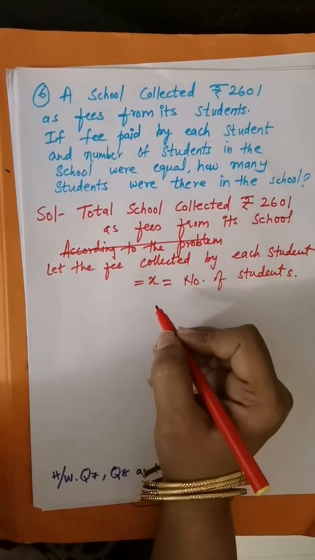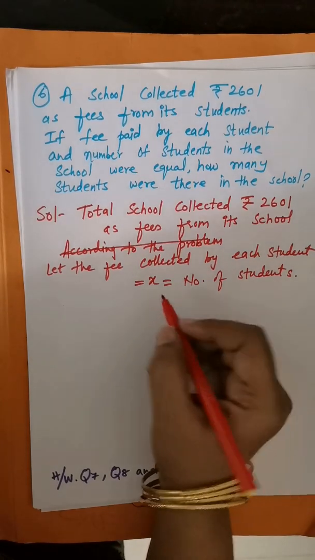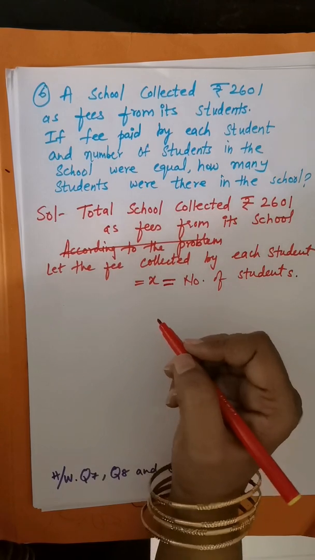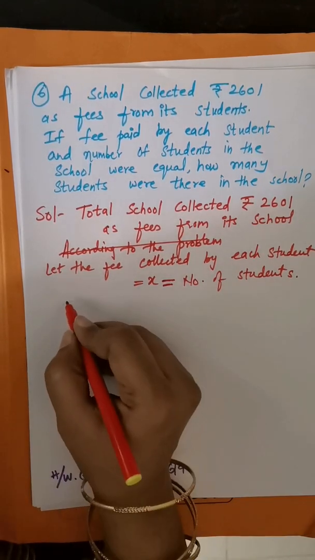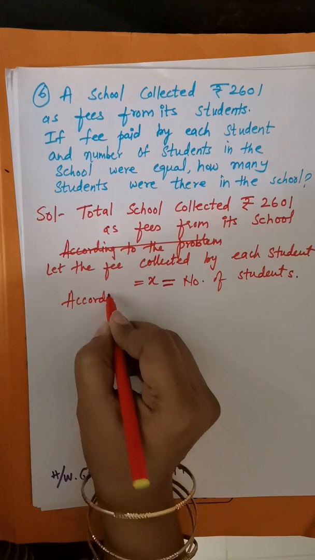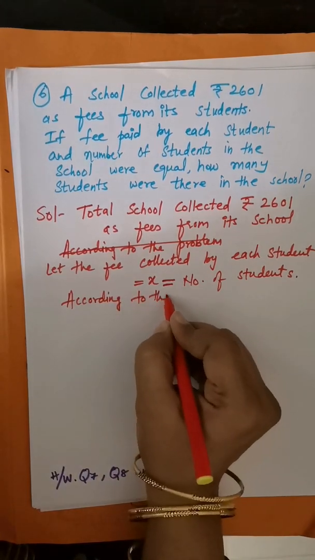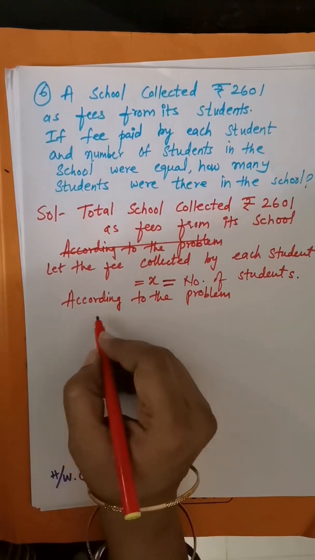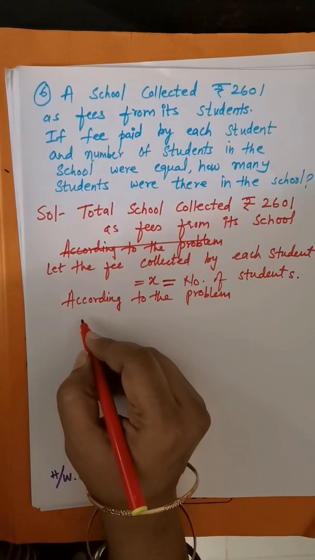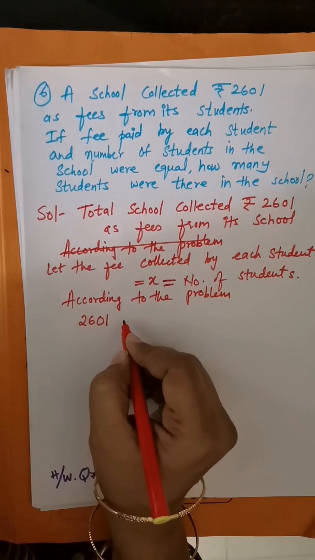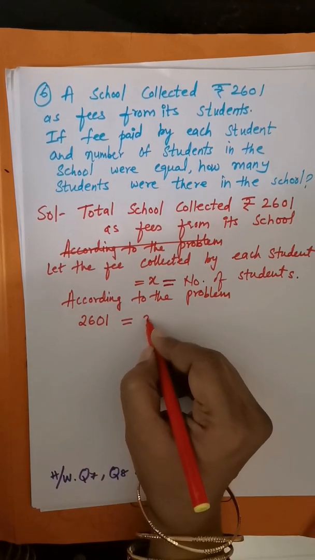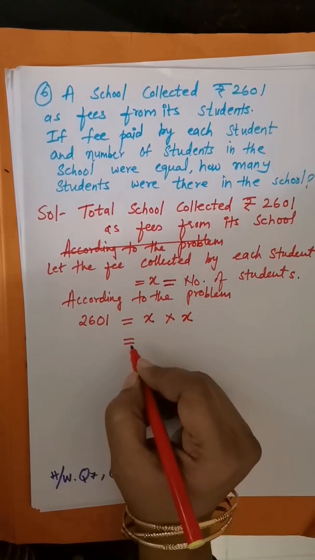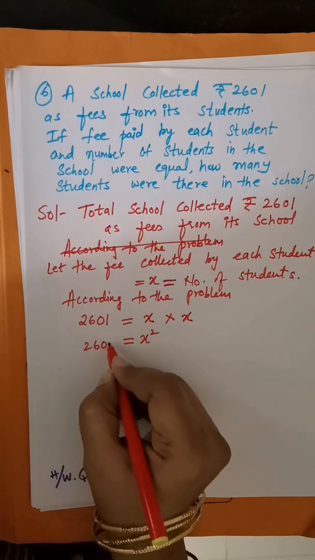Number of students and fees paid by each student is the same, so we are assuming it as x, as we have done in the earlier sum. Okay, now according to the problem, the total fees 2601 is equal to fees paid by each student into number of students. So x square is equal to 2601.